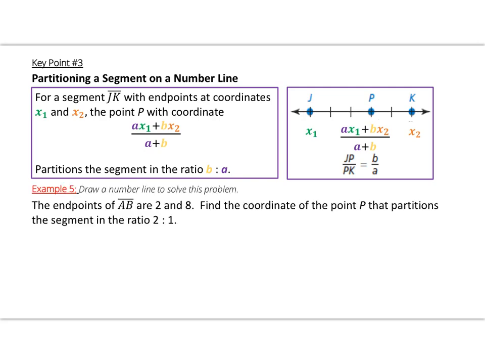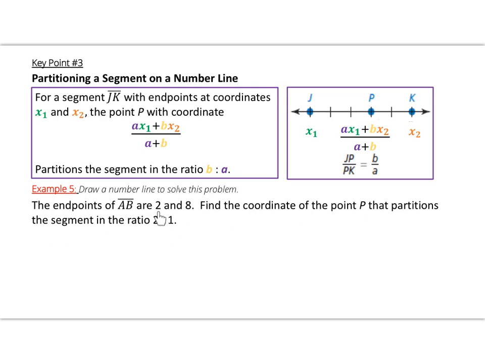So let's take a look at this first example pertaining to the partitioning of a segment. So example 5, and again, anytime you have no picture, always draw a picture to help you illustrate your situation. The endpoints of segment AB are at 2 and 8. Find the coordinate of point P that partitions the segment in the ratio of 2 to 1.